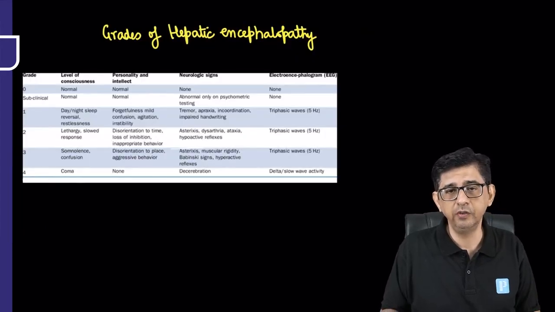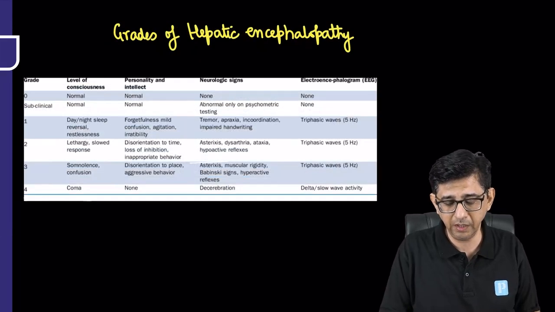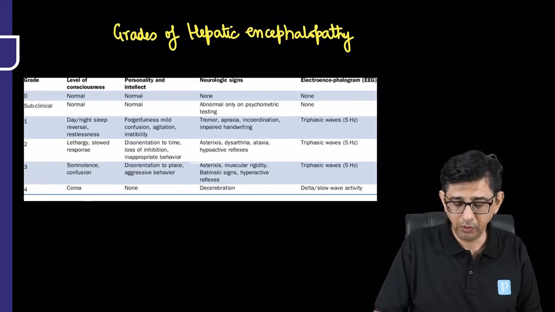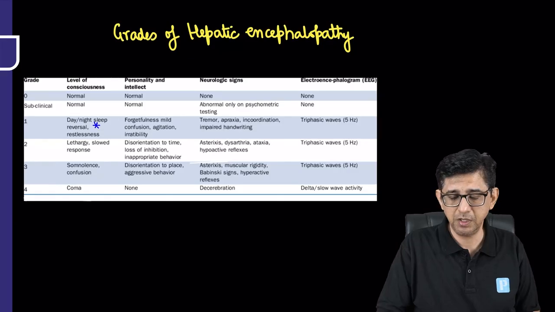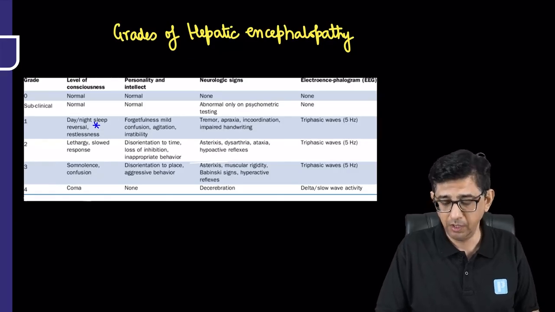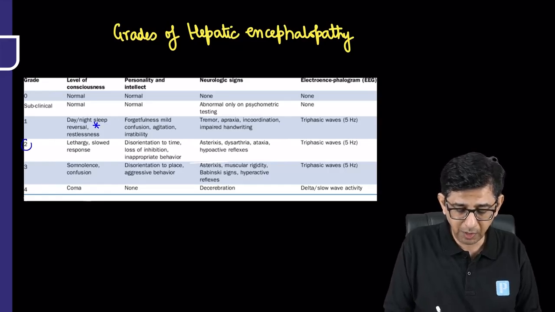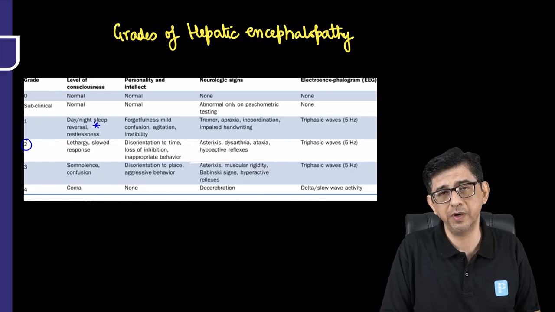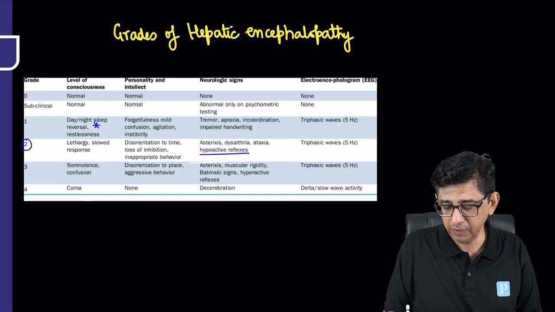Then we have these grades of hepatic encephalopathy, where we talk about the features that occur. As I explained to you, alteration of sleep pattern is one of the early features that would be encountered. It's from this table that I mentioned, the West Haven grades of hepatic encephalopathy. You will also notice that when it comes to grade 2, this can be a potential question from the CNS perspective, that in grade 2 hepatic encephalopathy, the reflexes will be relatively depressed.